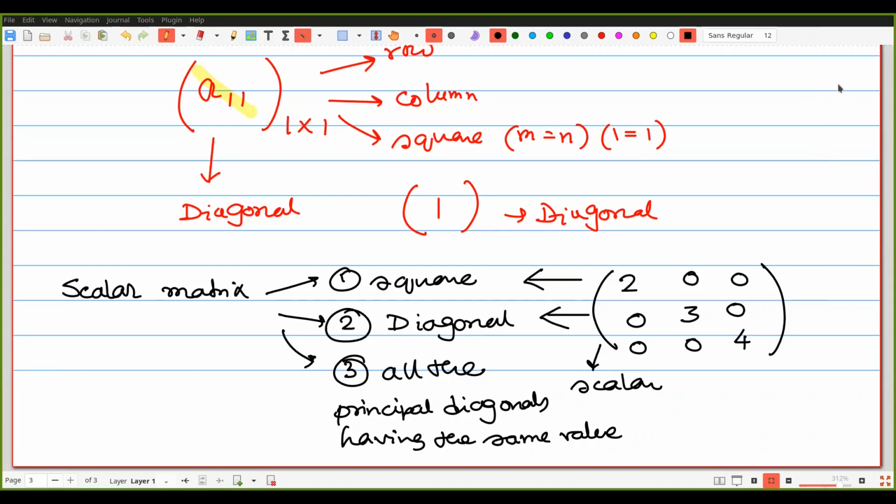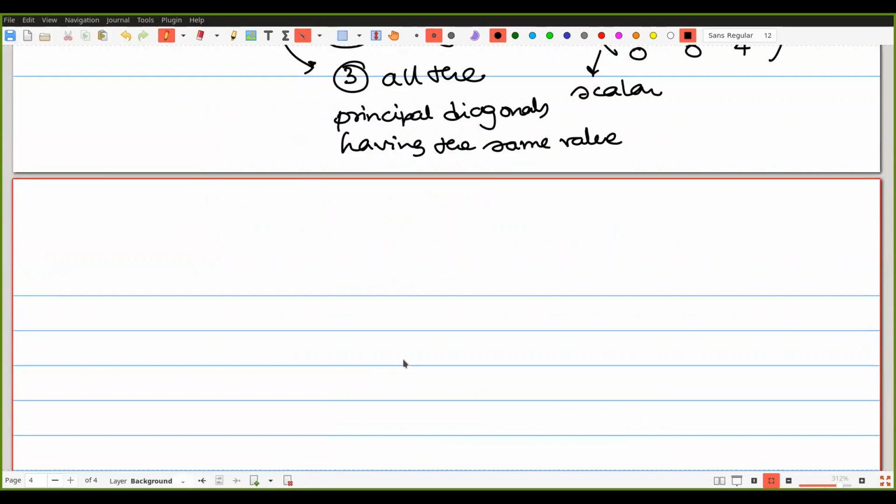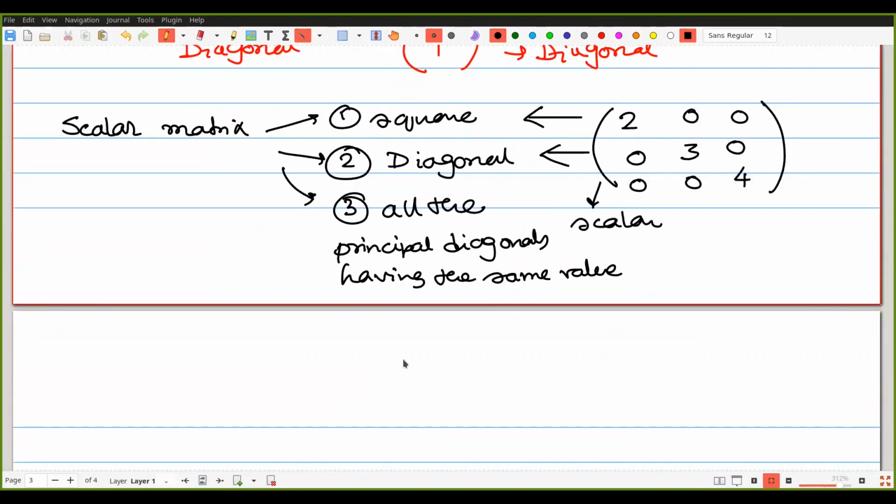Sir, full screen is not visible. Having the same value. Sir, Surajit, I am muting you. That's why it may not be in full screen. Okay. Now is that right? Okay. Now is it full screen?